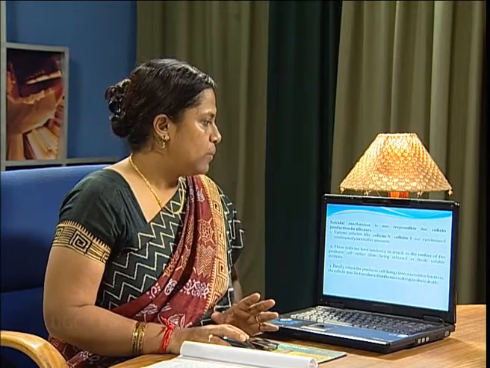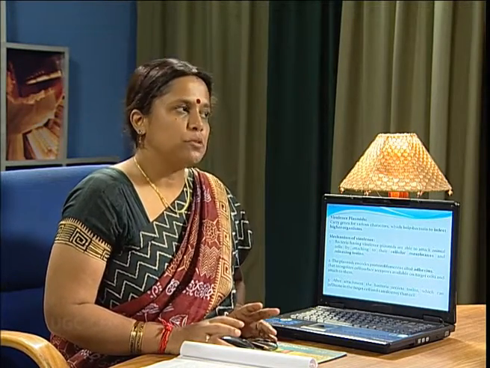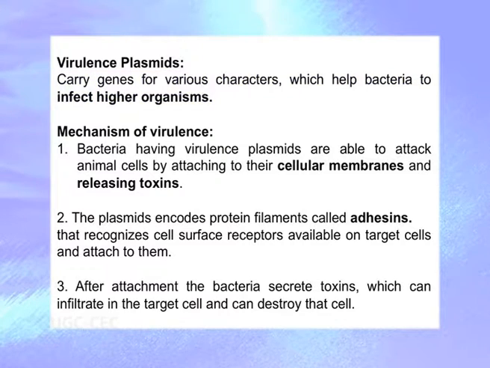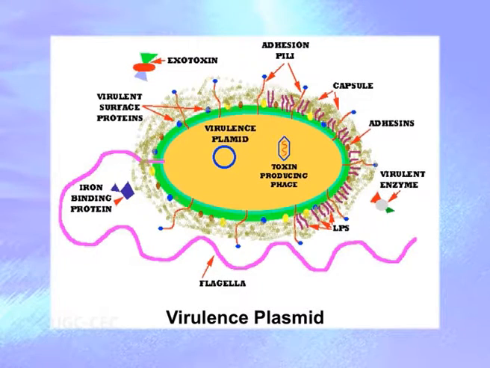Next we are coming to the virulence plasmids. Virulence plasmids impose certain characters that help the bacteria to infect higher organisms. So the mechanism of virulence is that bacteria having virulence plasmids are capable of attacking animal cells, attaching themselves to the cellular membranes and releasing toxins.